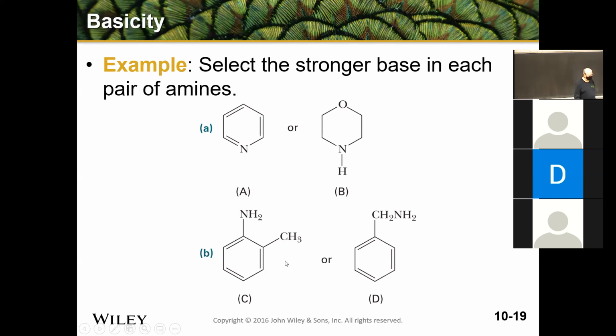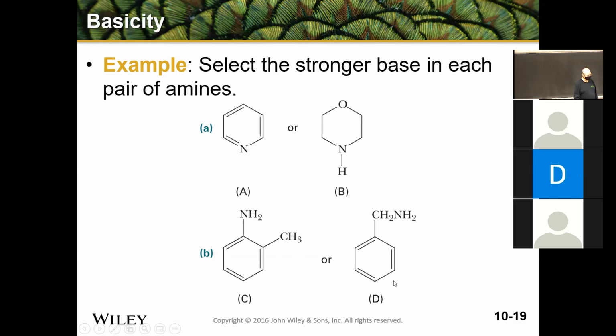Here, part B, this is 2-methylaniline, and then we have benzylamine. So benzylamine will be the stronger base. There are no resonance structures that involve the lone pair on the nitrogen.